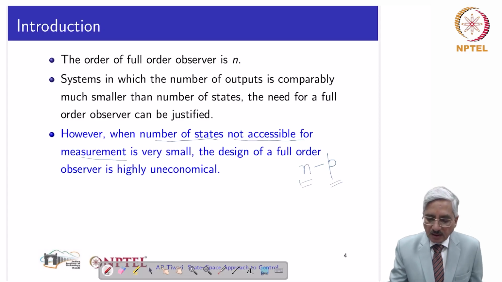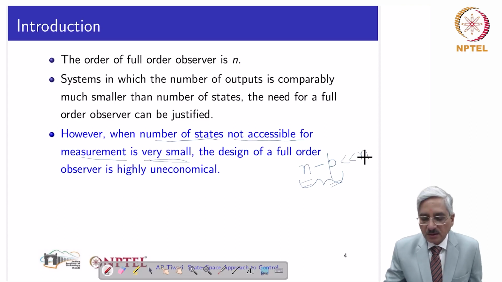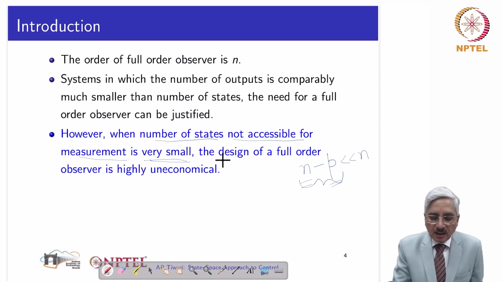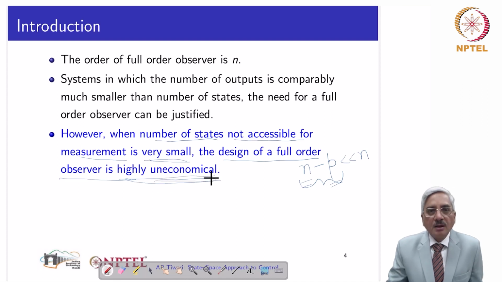If this difference n minus p is much less compared to the order of the system, then the design of a full order observer is not justified, it is highly uneconomical. Of course, when we say this, we have in mind that the implementation of the observer is based upon some kind of analog circuits and components.